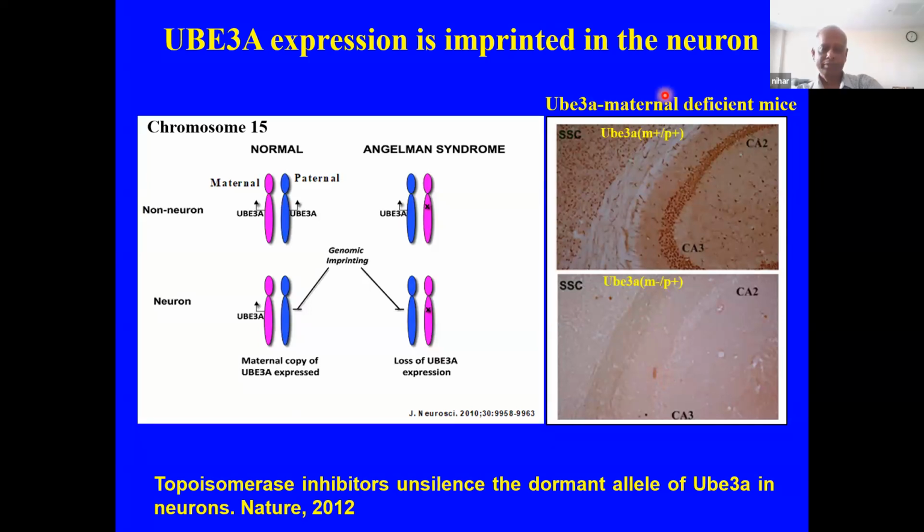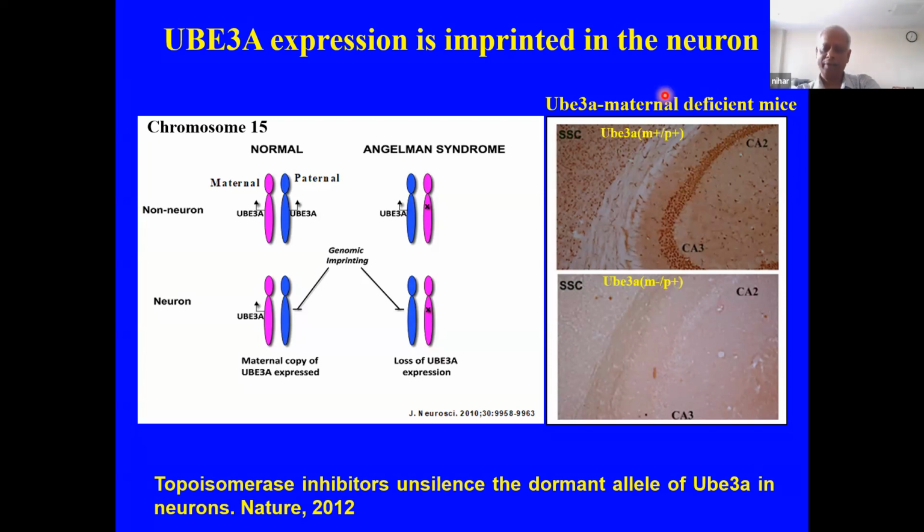Now, what we did is we crossed these mice. We crossed an Ube3a maternal deficient female with a Huntington's disease male mouse to generate Huntington's disease mice in which Ube3a is knocked out from the neuron. I hope you have a clear idea.